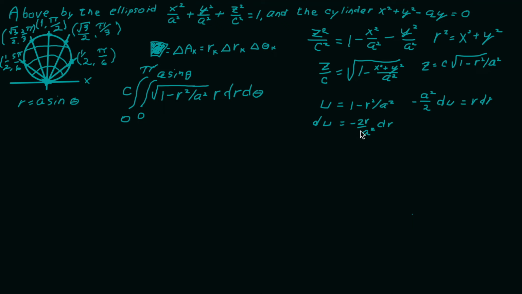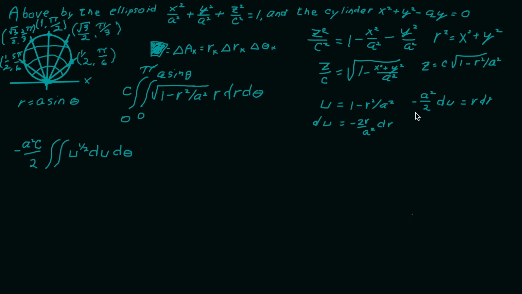Take the derivative of that, which will give you minus 2r over a squared dr. And then we'll isolate r dr, so we'll move this over to the other side. r dr will become minus a squared over 2 du, which becomes the square root of u. The r dr here becomes this.